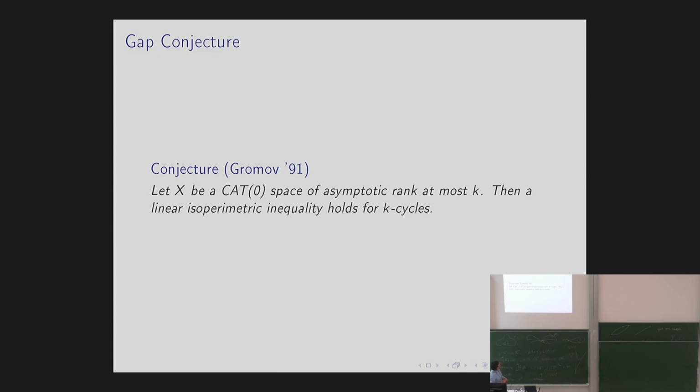And the thing that is happening is, maybe I can explain this a little better now, because this thing is a generalization of what we saw before. So maybe it's a good idea to explain the case k equal to 1 better, which is really this one. First of all, I need to tell you what this asymptotic rank k means. What this should mean is that the space on a very large scale looks k-dimensional. This is what it is.